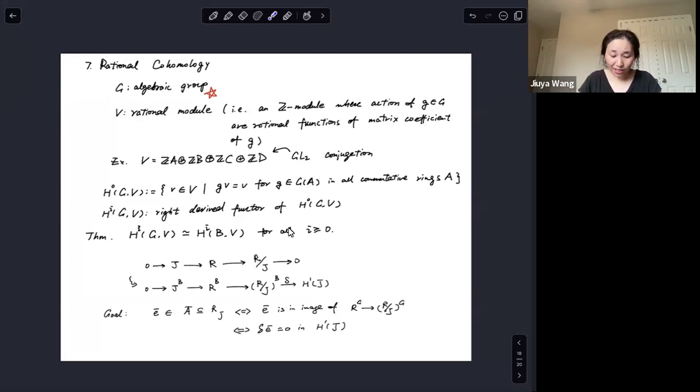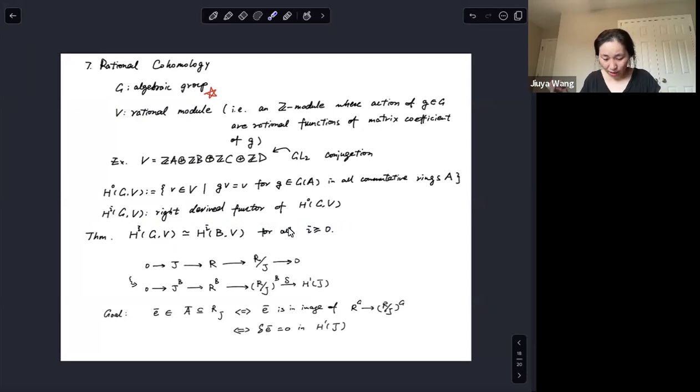And therefore, this immediately helps us on the first side. Because the invariant part is really the same for i equals 0, essentially it is saying that all the higher derived functors are going to be the same if you look at the G cohomology or the B cohomology.